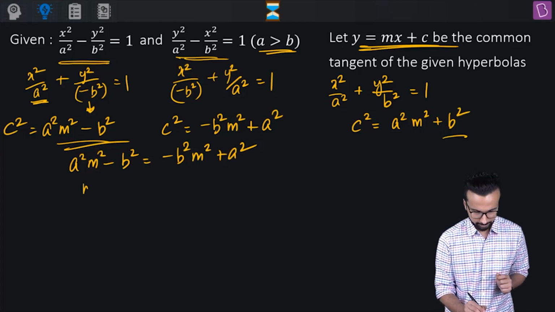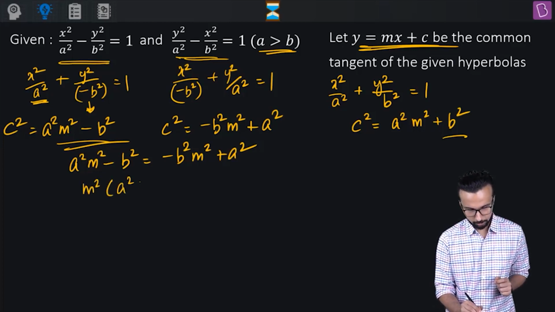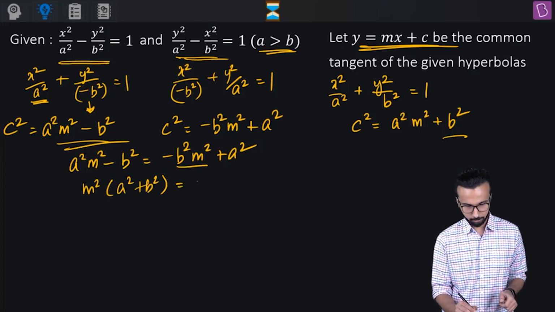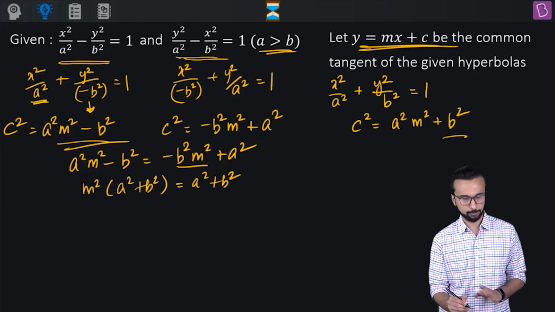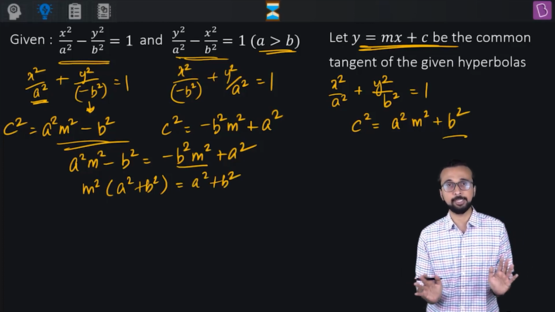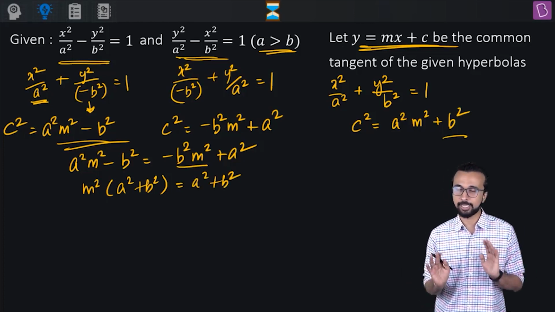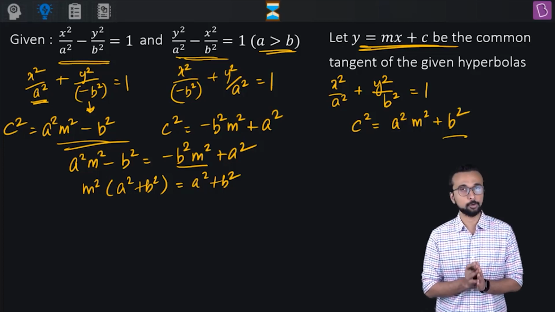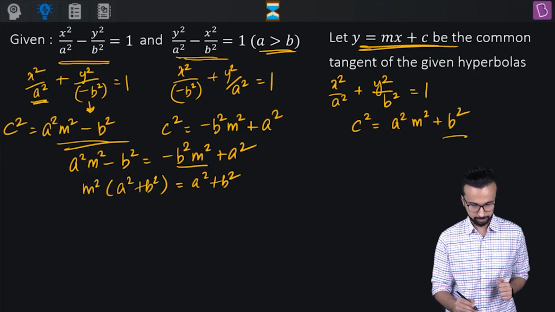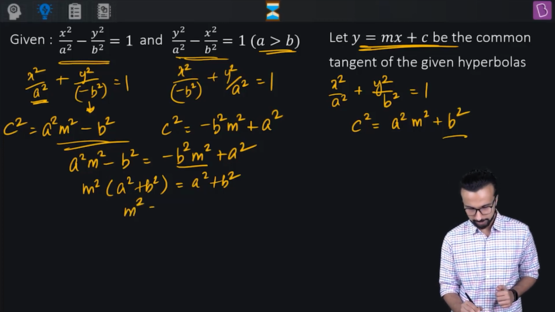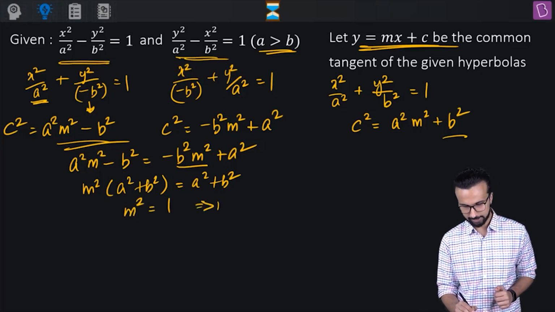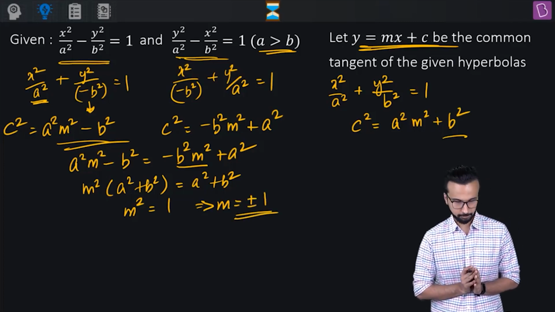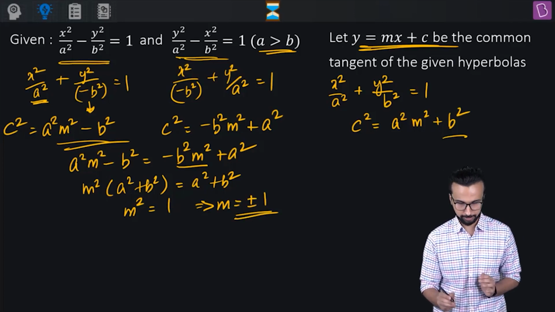So m square into a square plus b square equals a square plus b square. I know a square plus b square cannot be 0, since both a and b have to be greater than 0. So m square is equal to 1, which means m is equal to plus or minus 1.